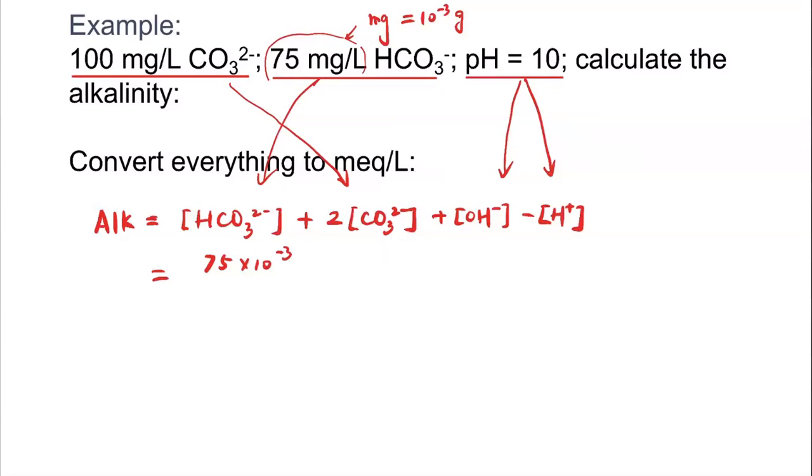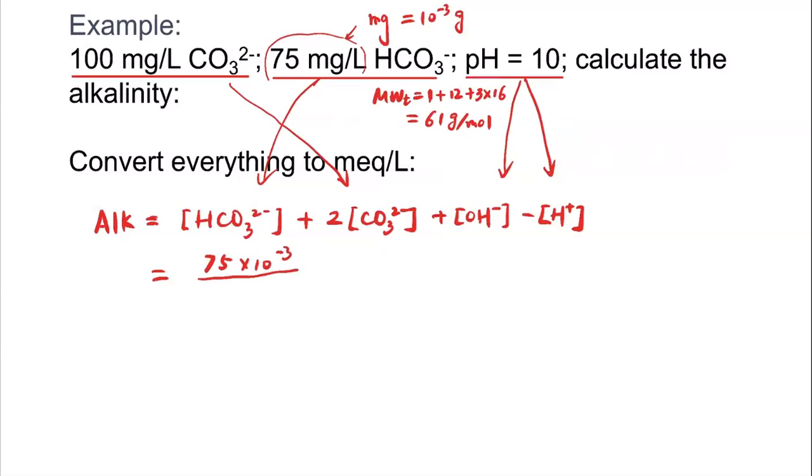So basically, we need to use this value and then divide it by the molecular weight. The molecular weight of the bicarbonate ion is going to be hydrogen's atomic weight plus 12 for the carbon's atomic weight plus 3 multiplied by 16, right? So that turns out to be 61 gram per mole.